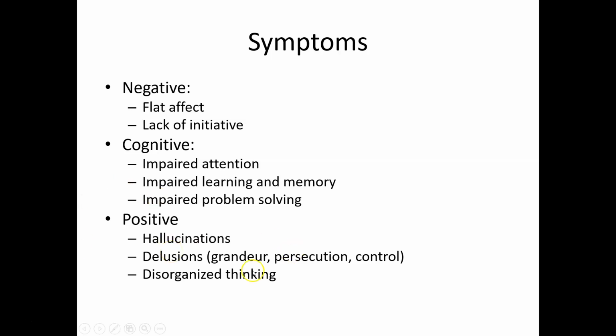So that can include delusions of grandeur, believing that you have godlike powers or importance, delusions of persecution, believing that everyone's out to get you, that people in the television are watching you and keeping track of you, and then delusions of control, that you're basically being controlled by other people or that other people want to control you. In addition, we can also have disorganized thinking.